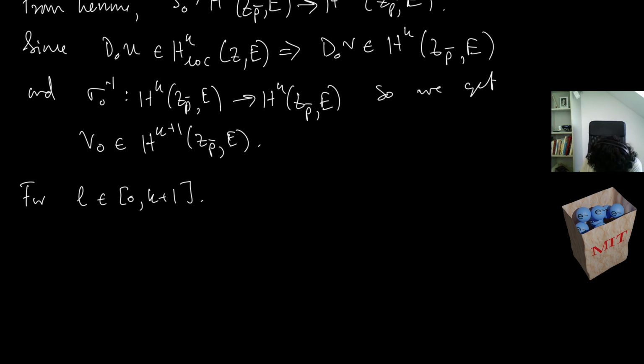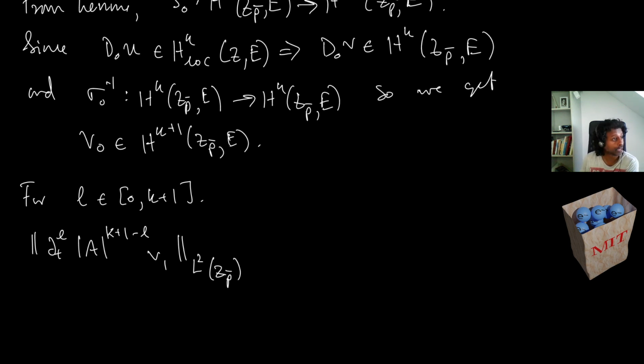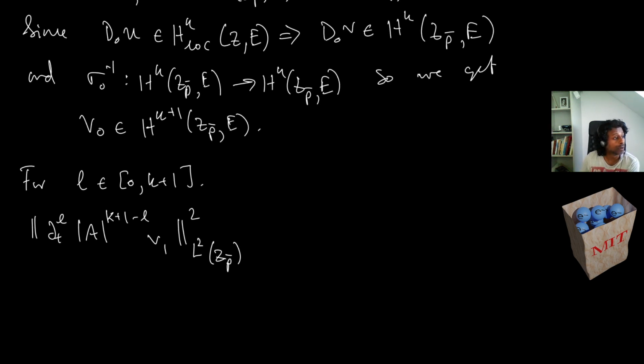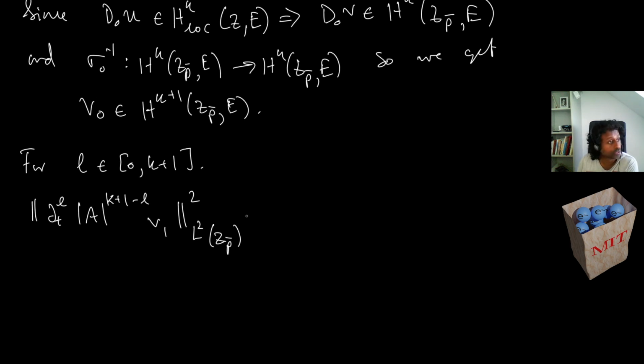So we fix such an L and we compute ∂_t^L |A|^{k+1-L} v_1 in L² of Z_ρ, squared. Okay, so what's this equal to? The ∂_t and the |A| commute. That's the advantage of moving to the model operator. The model operator is t-independent, so we can commute.